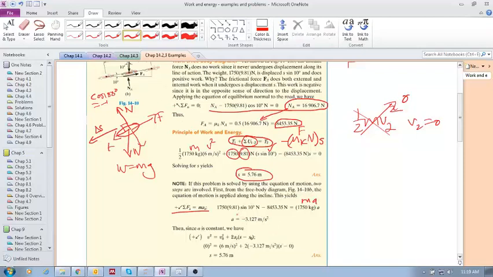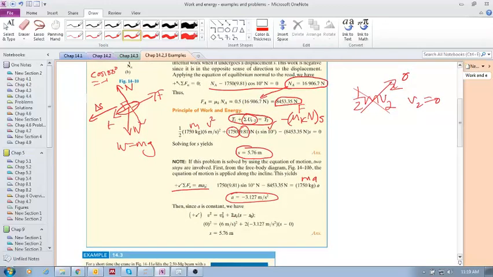We could have solved for our acceleration, and then, because it's a constant, used one of these kinematic equations to solve for the displacement. So here we've done it effectively in 2 steps, whereas here we bypassed this step and solved it in 1 step using the principle of work and energy.